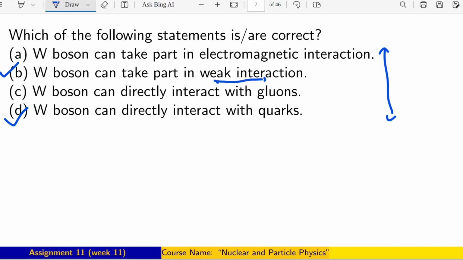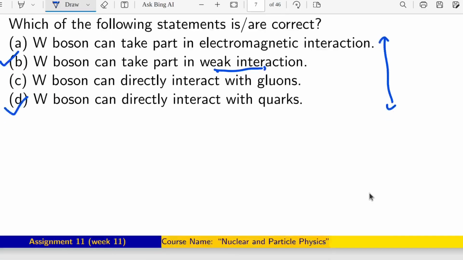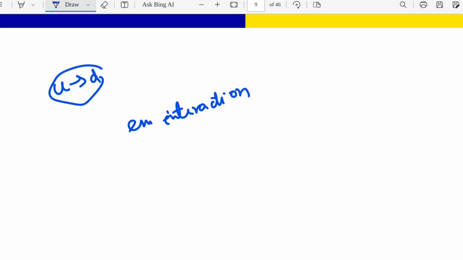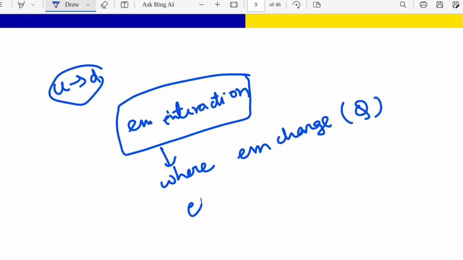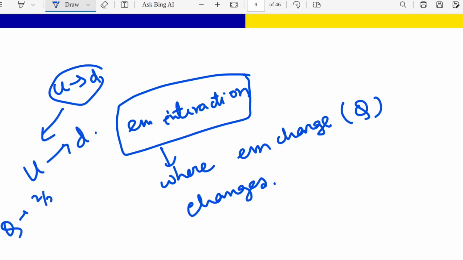Now coming to the first option, W boson can take part in electromagnetic interaction. For this case, electromagnetic interaction is where the EM charge, that is Q, changes. If I take the same example, U is going to D. U has a Q value of 2 by 3 E and it goes to minus 1 by 3 E. That means the EM charge is changing in this reaction, so it is nothing but an EM interaction.